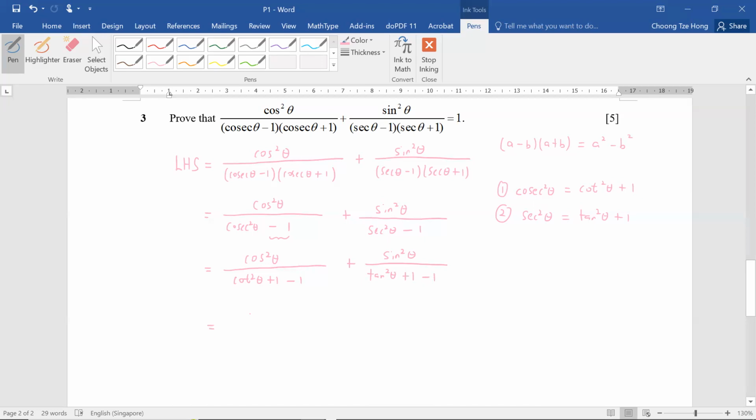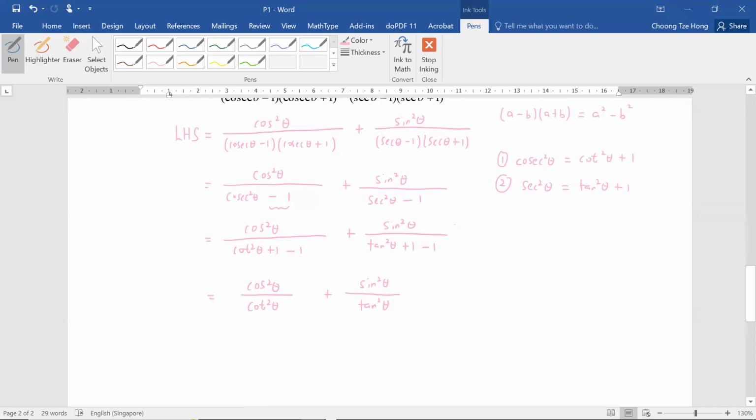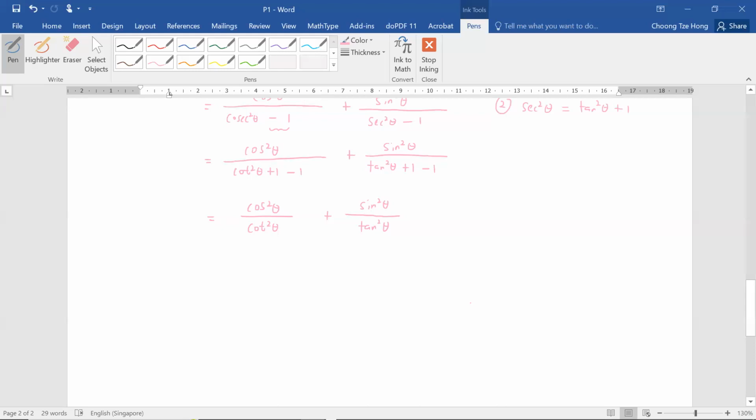So like this, you see, we can simplify the expression. Every single step should serve a purpose, to simplify the expression further. So we end up with cosine square theta over cotangent square theta plus sine square theta over tangent square theta. You can see how much we have already simplified the expression from the initial fraction.